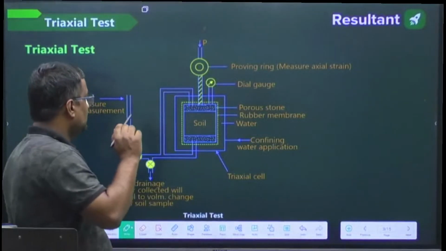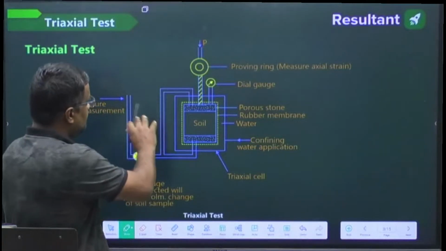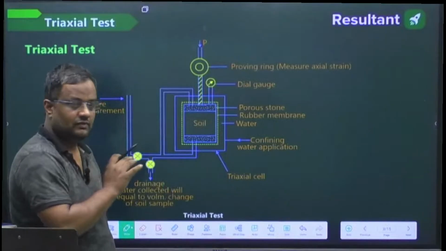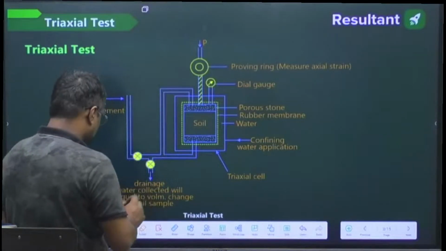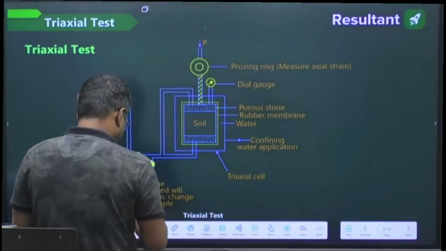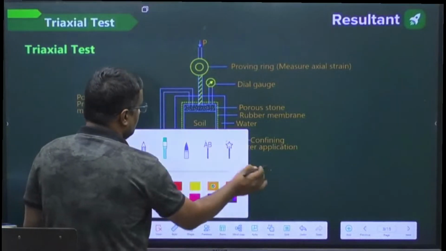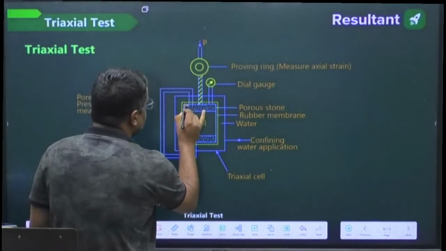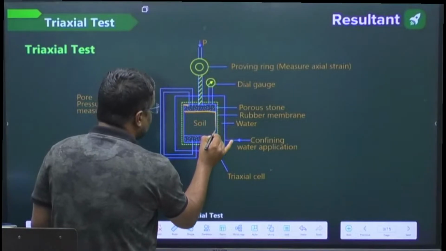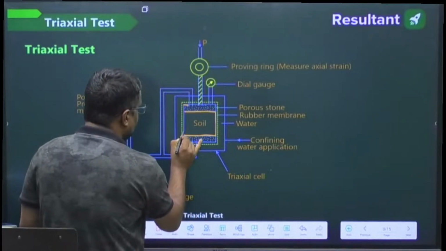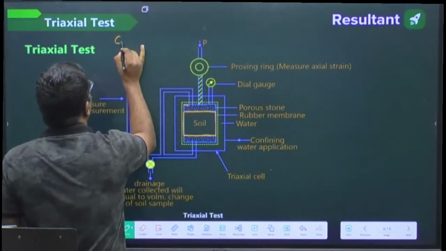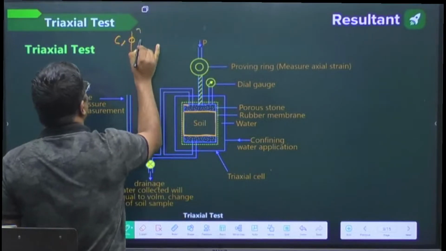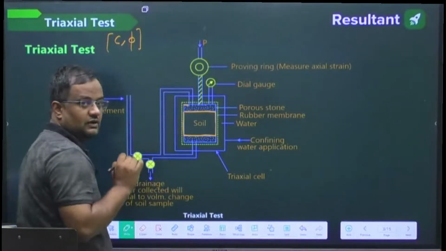Okay, so guys, this is a triaxial cell. What are the various things in this? Let me tell you. First of all, guys, this is the soil sample. We want to find out the C and phi, cohesion and friction angle, for this soil.